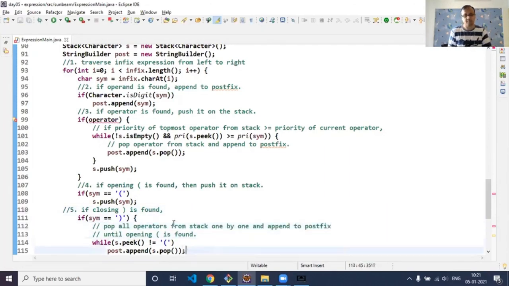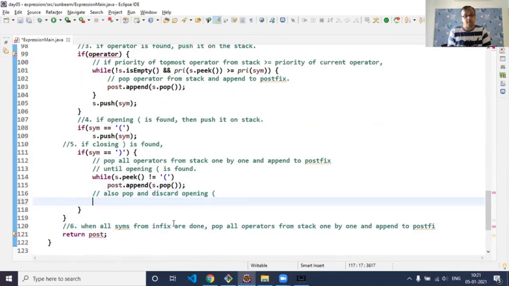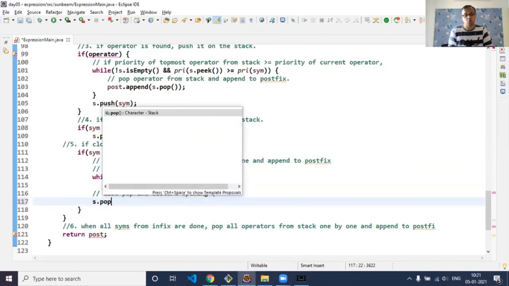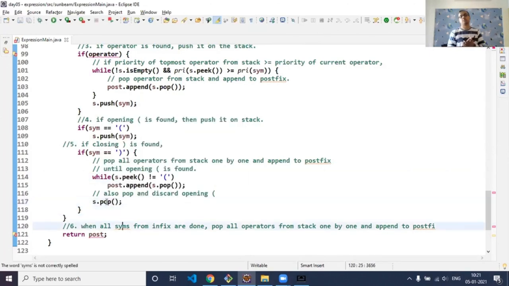Let me complete it over here. Done. And at the same time you also need to pop the topmost, which will be the opening one. If the topmost is the opening one, skip it too, pop it, and there is no need to collect its return value anywhere or append it, discard it. Okay, that is discarded too.